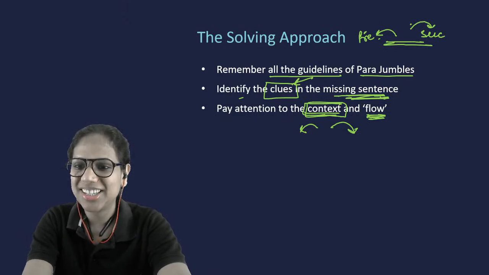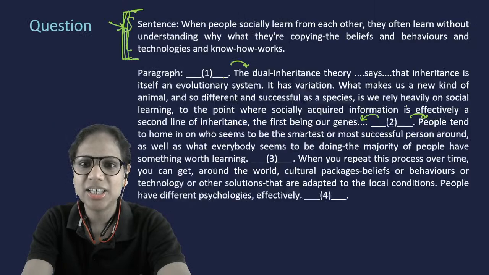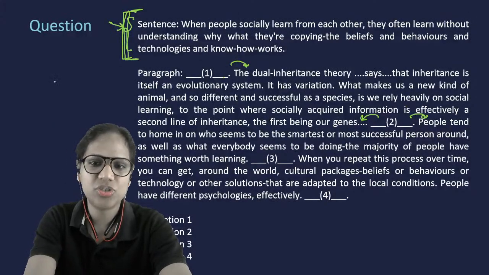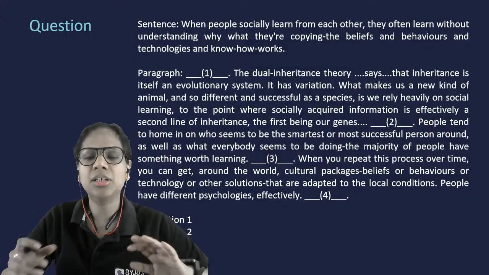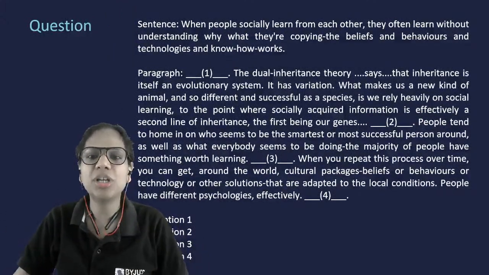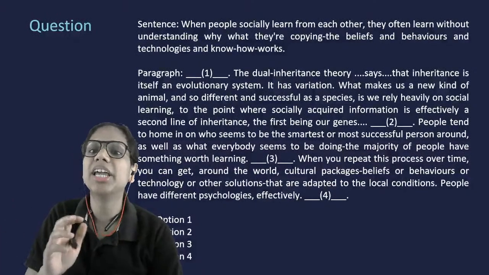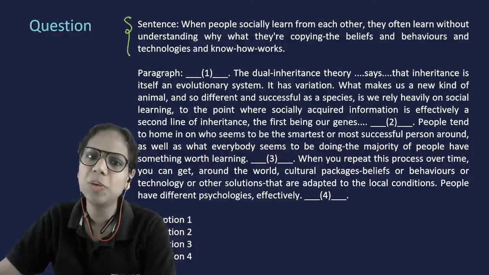All right, so let's see this question now. This paragraph may appear slightly abstract to you, but again focus on the fact that you just have to plug in this sentence.